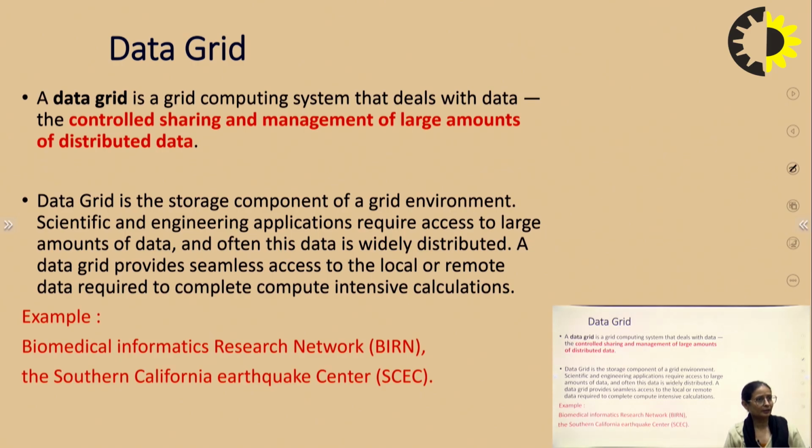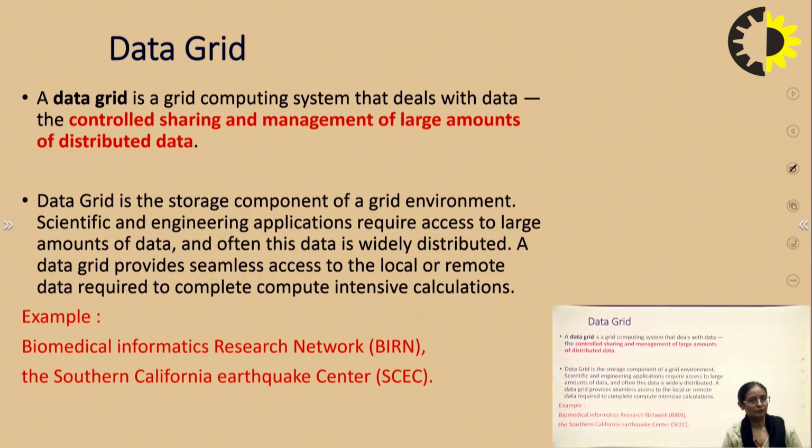An example of a computational grid is Science Grid, which is hosted by the US Department of Energy. In the data grid, it is a grid computing system that deals with data only. That is, we are storing the data here: the control, sharing, and management of large amounts of distributed data. The data grid is a storage component of a grid environment. Scientific and engineering applications require access to a large amount of data, as we have seen in the medical field.